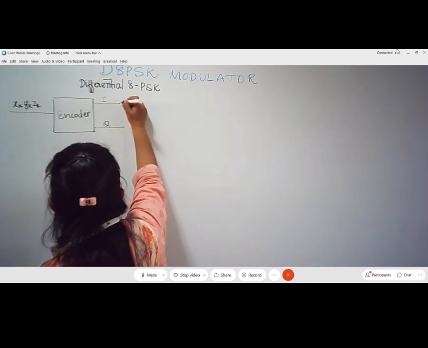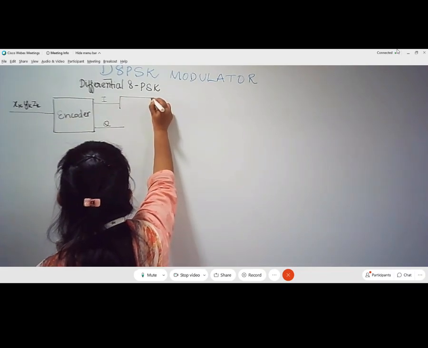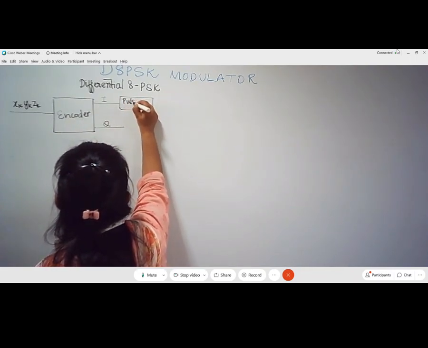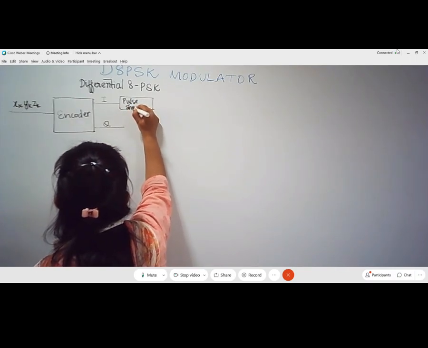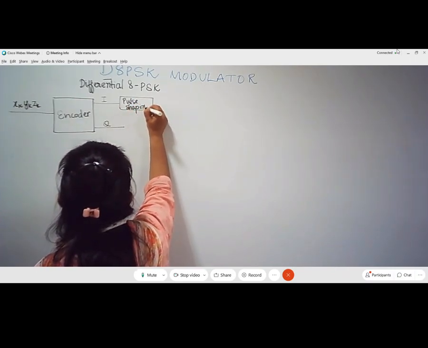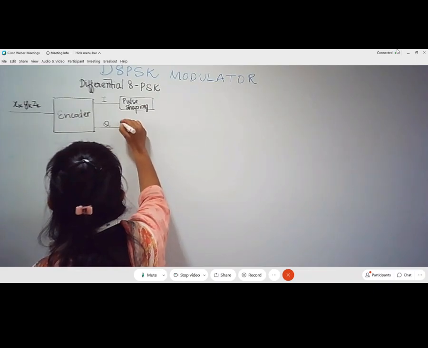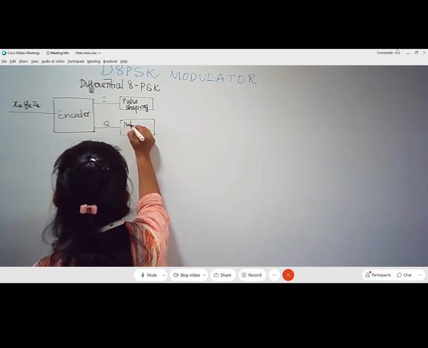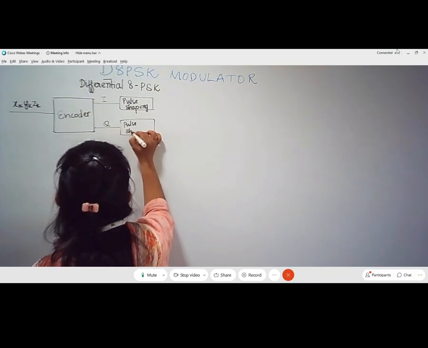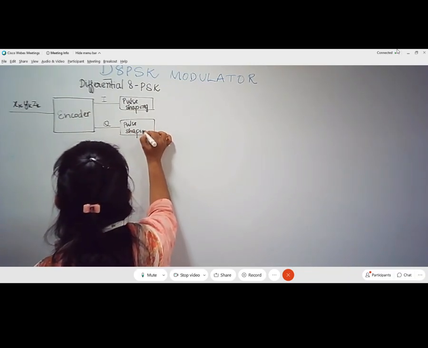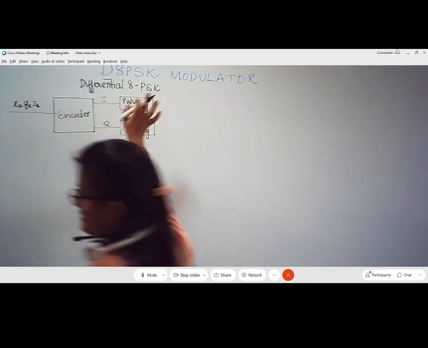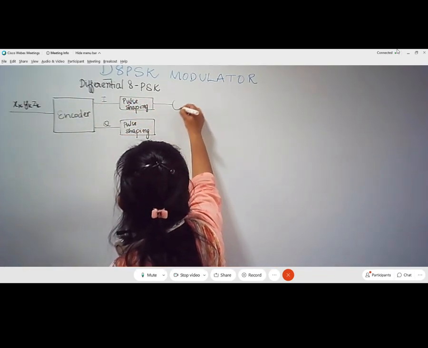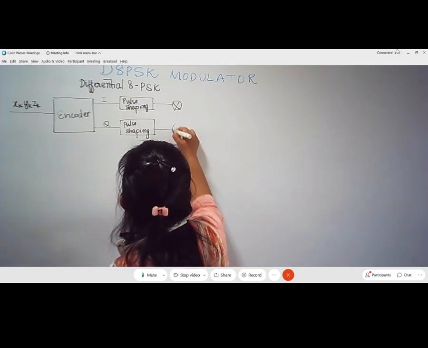Once we know the IQ amplitudes, they will be passed through a pulse shaping filter. Retaining the same amplitude, it will do the pulse shaping. Let us consider, for simplicity's sake, that the pulse shaping is rectangular in nature, so that it retains the shape as is, but gives a sharp transition to the bit that was given.